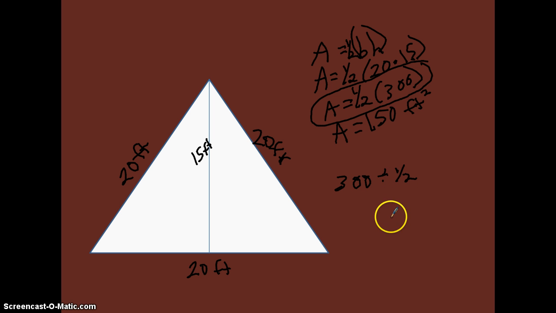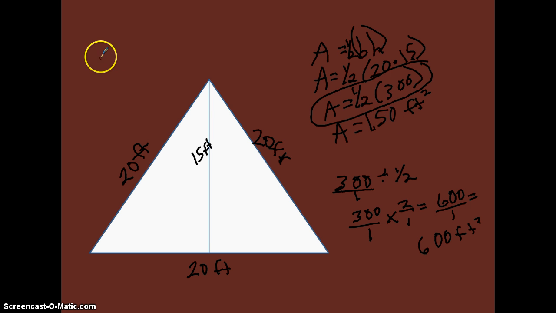Now, that's not the same as 1/2 times 300 at all, because if we were to work this out, I would make this an improper fraction, and then 300 over 1, and I times the inverse of 1/2, 2 over 1, which would give me 600 over 1, which would be 600. And this is completely wrong. We need to be sure that we multiply 300 by half, and that's going to give us 150.